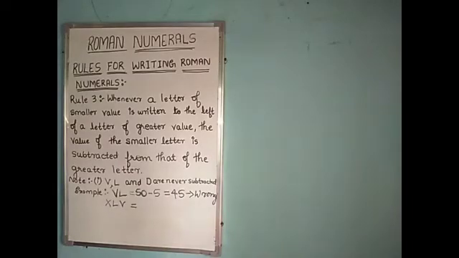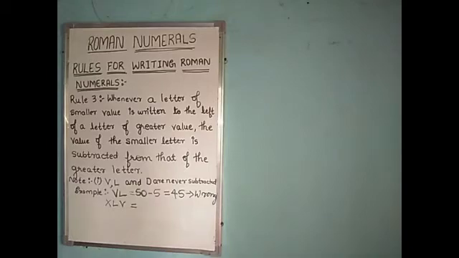So what do we have to do? We have to subtract the letter of smaller value from the letter of greater value. What is the numeric value of L? The numeric value of L is 50 and the numeric value of X is 10.